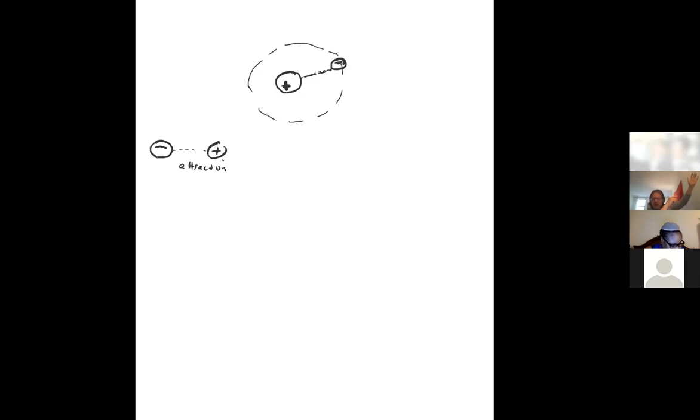So the comb might have extra electrons, so negative, and the hair has extra positive charge. So they're attracted to each other. So the hair will stick toward the comb, right? That's called electrostatic attraction. And it's due to the fact that if you have substances that have opposite charges, they're attracted to each other, okay?